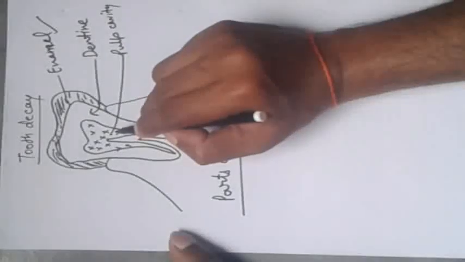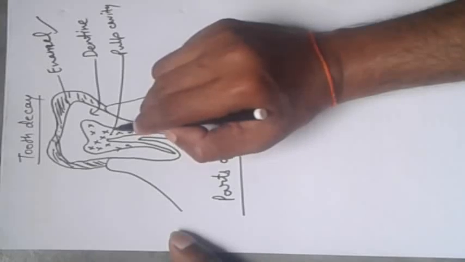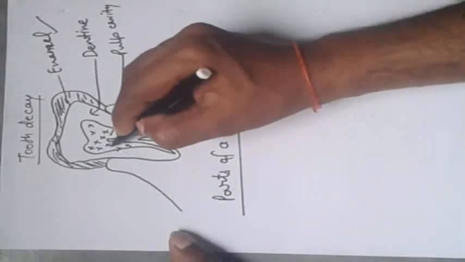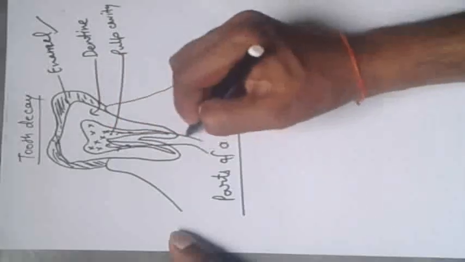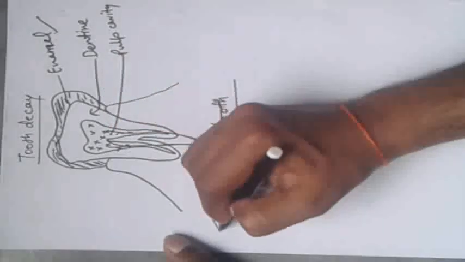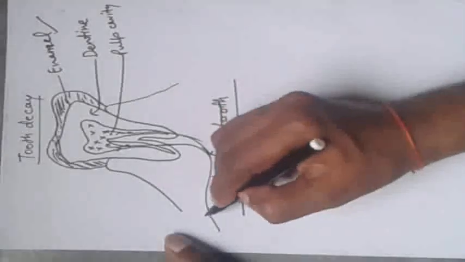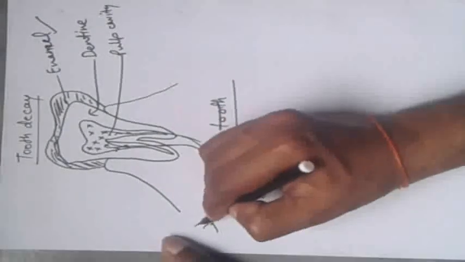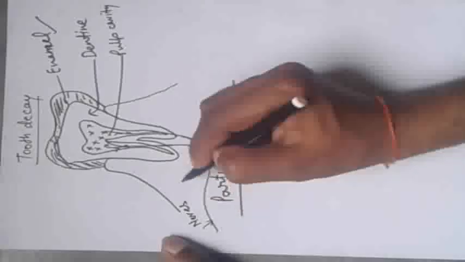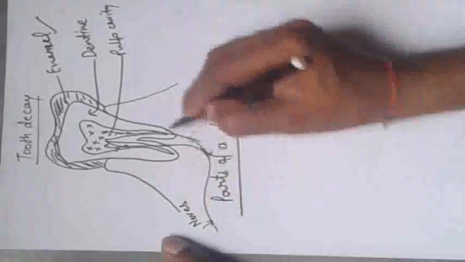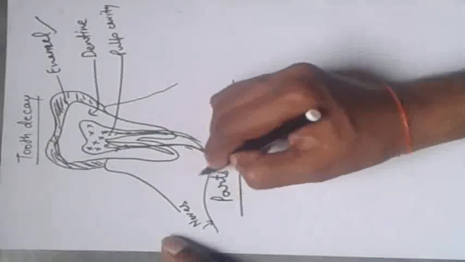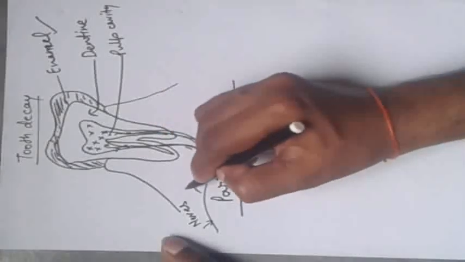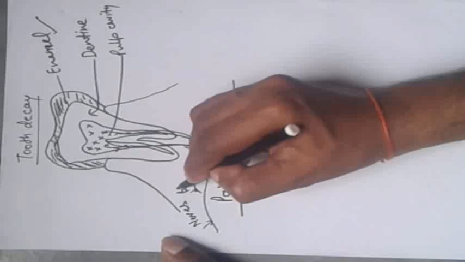This pulp cavity contains nerves and blood vessels.